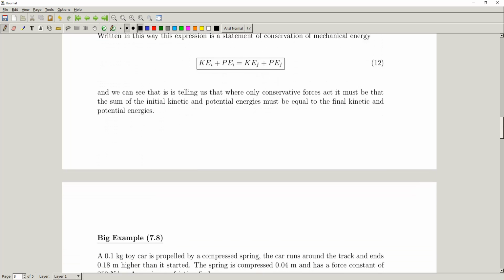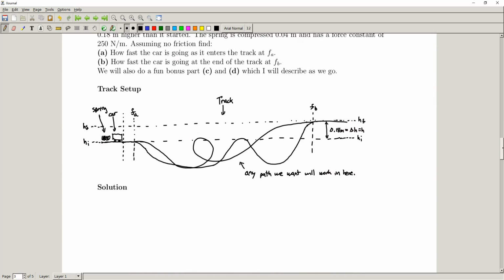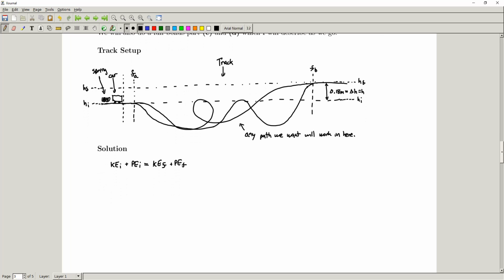So I'm just going to write down that equation to start with, and then we're going to account for all the different types of energy we have here. So we have kinetic energy initial plus potential energy initial equals kinetic energy final plus potential energy final, right? And now we just need to be careful that we're accounting for all the energies that we need to be looking at in the system here.